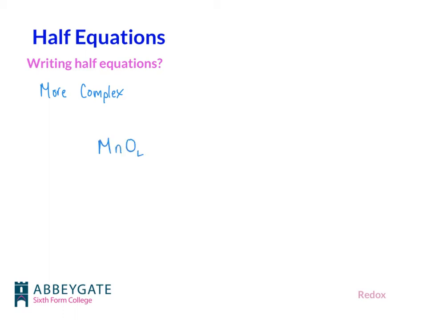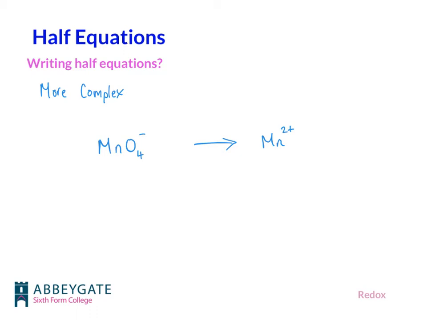So if we consider the manganate ion, MnO4 minus, and manganate can react and become manganese 2 plus. So we need to consider how we would go about balancing this half equation. So there are some rules we need to follow.